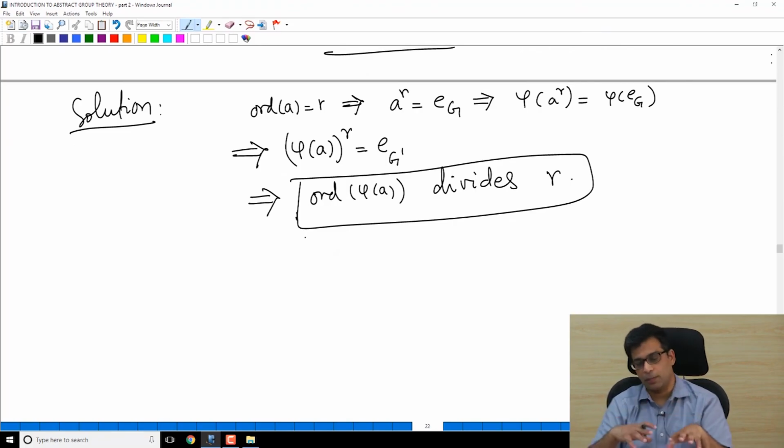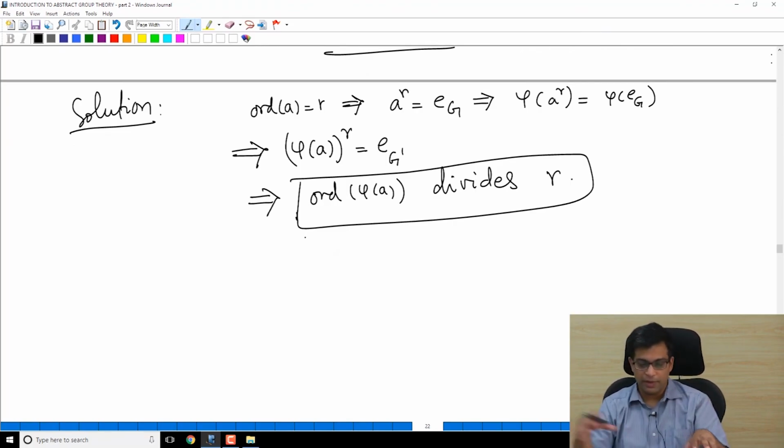So this gives you a restriction on the possible images of elements of a group under a group homomorphism. If an element has order 5, its image has to have an order that divides 5. So it has to be either 1 or 5.